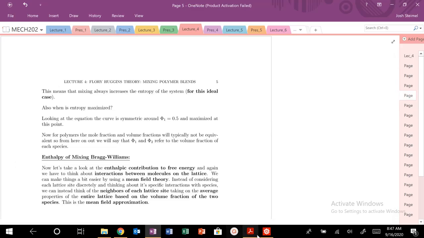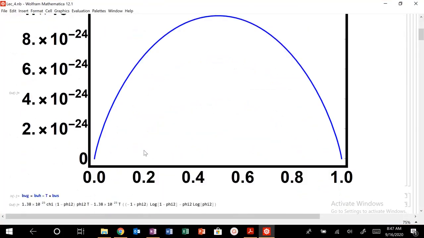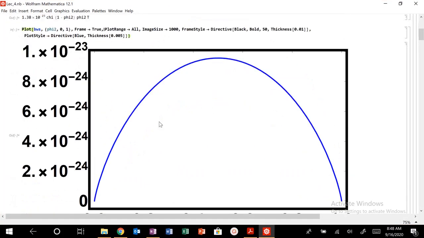There are also lots of cool things in here. When is my entropy maximized?